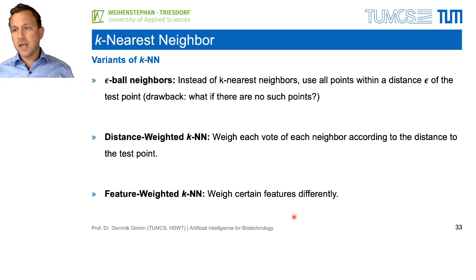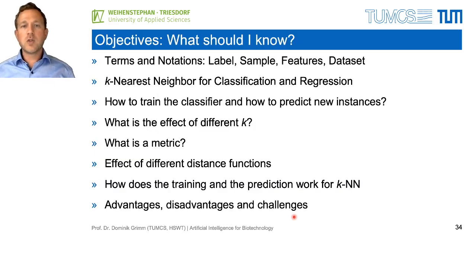So that brings me to the end of this lecture. So what should I know? We should know about the terms and notations. What is a label? What is a sample? What's a feature? What's a dataset? How they are written down mathematically. What is a k-nearest neighbor classifier? What is k-nearest neighbor regression? How to train the classifier, which we have learned is quite easy, and how to do predictions for new instances.